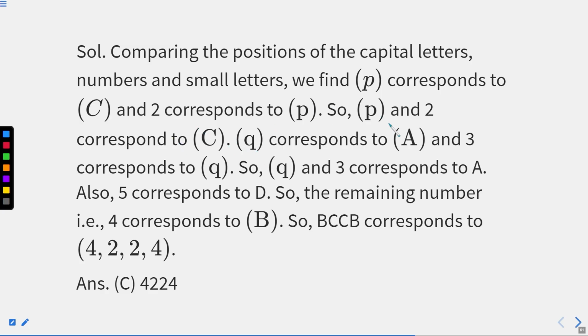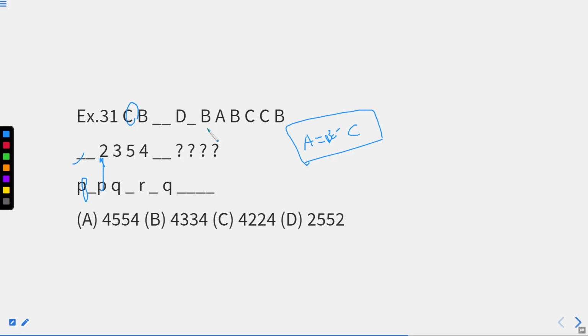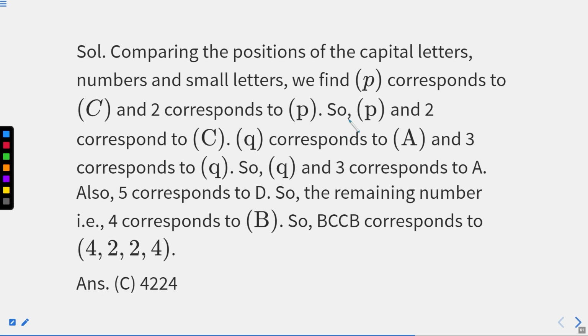Now Q corresponds to A. You can check here. Q corresponds to A, right? And you can see here 3 corresponds to Q. It means Q and 3 corresponds to A. In the similar manner, 5 corresponds to D. So that the remaining numbers are 4 corresponds to B. So that BCCB corresponds to, as we know that B corresponds to 4, so we'll get 4.